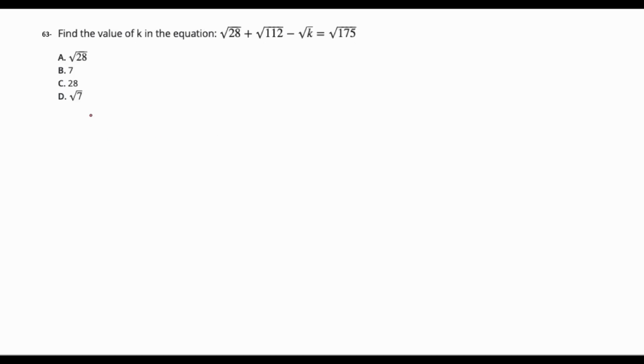So question 63 says, find the value of k in the equation the square root of 28 plus the square root of 112 minus the square root of k equals the square root of 175.